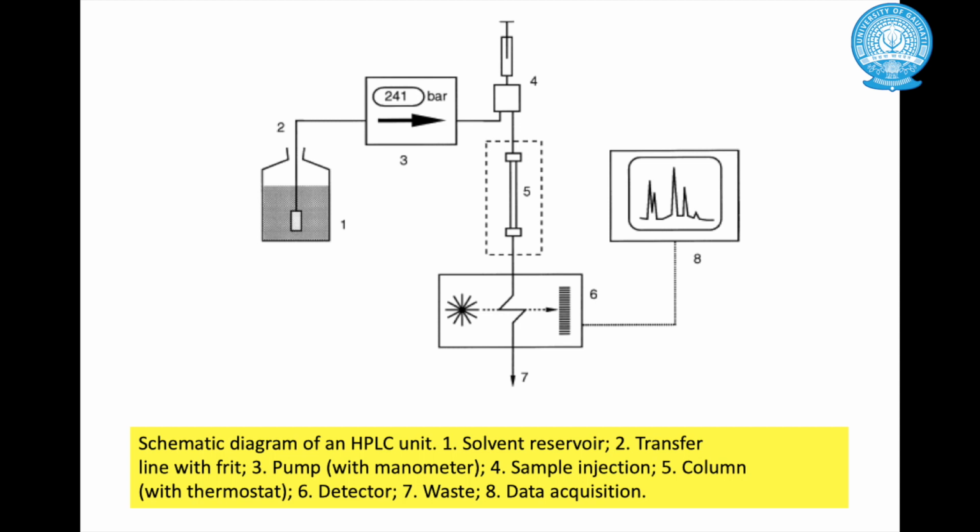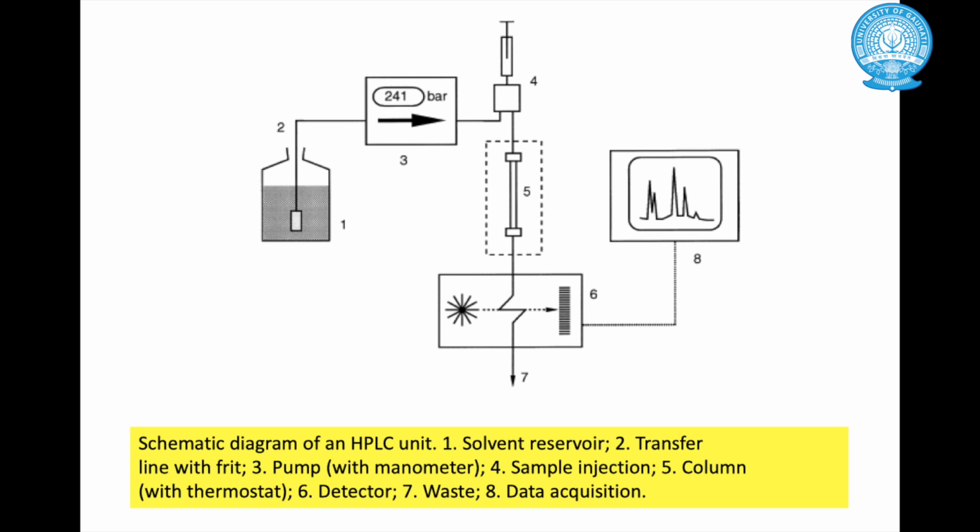For example, a UV visible detector can detect up to 10 raised to power minus 10 gram per ml. A PDA can detect 10 raised to power minus 10 gram per ml concentration of compounds, whereas a fluorescent detector can detect up to 10 raised to the power minus 13 gram per ml.